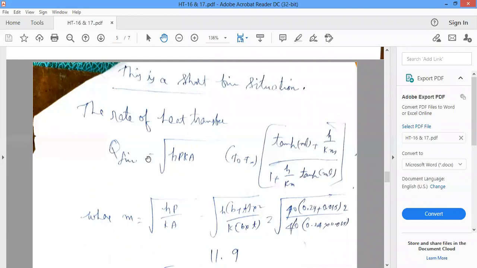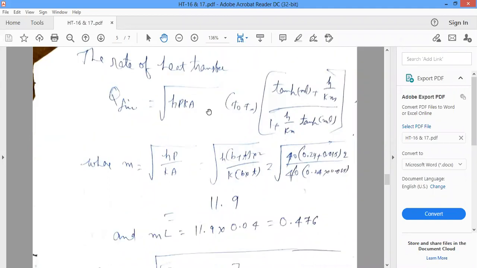The Q fin is equal to, just now we discussed the equation, root of HPKA into (T naught minus T free stream) into the square bracket, tan hML plus H by Km divided by 1 plus H by Km into tan hML. Here M is required, H by Km is required, ML is required.